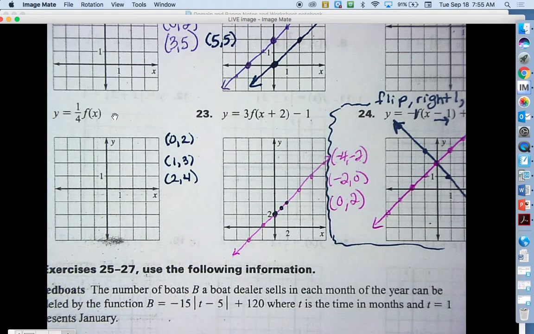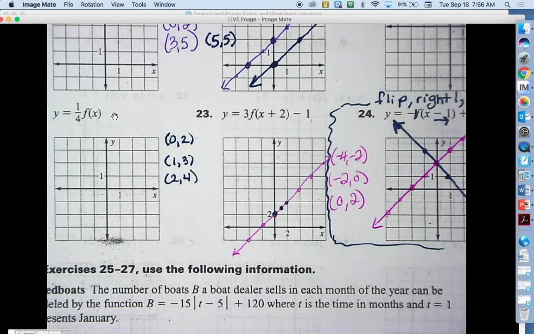You didn't have to pick those 3 points, so you could pick points that are a little more spread apart. You could pick (-2, 0), (0, 2), (2, 4), (4, 6) up there. She just picked 3 points that are really close together.